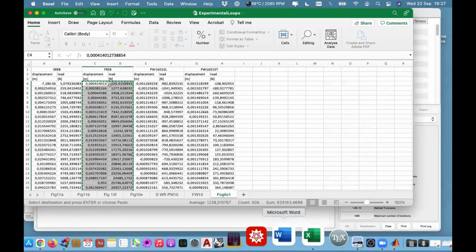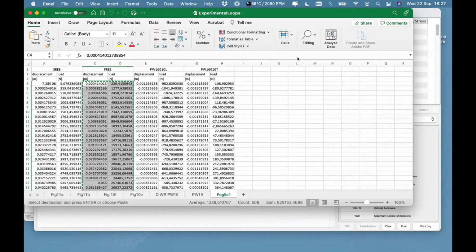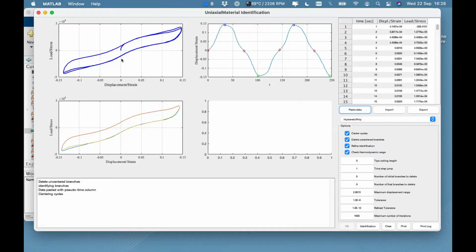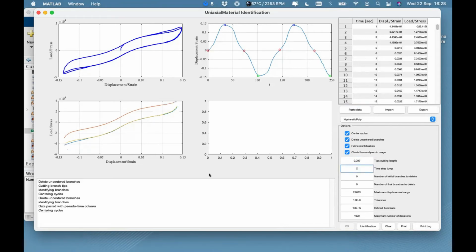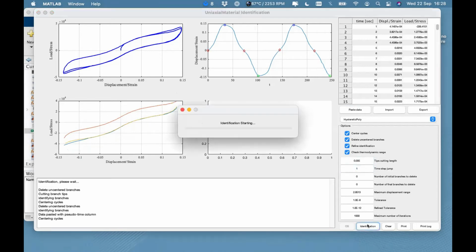These are experimental data, and I just paste them here. So here we get the experimental loop, and this figure represents what we are identifying. We cut the tips, and then we can run the identification.